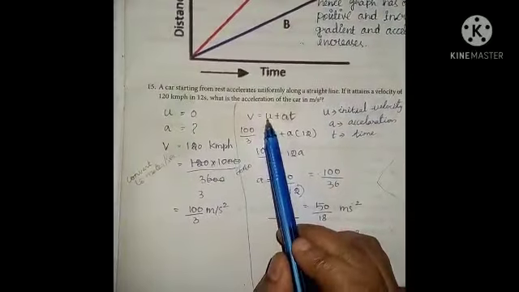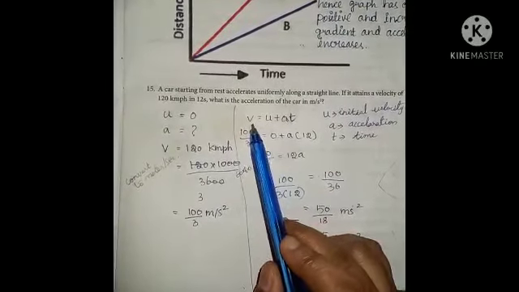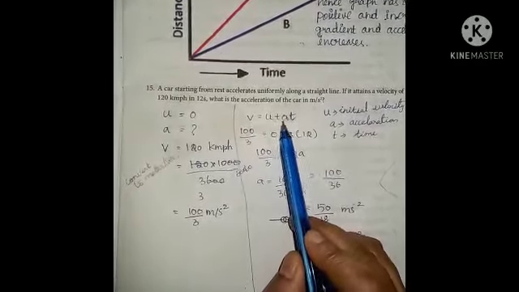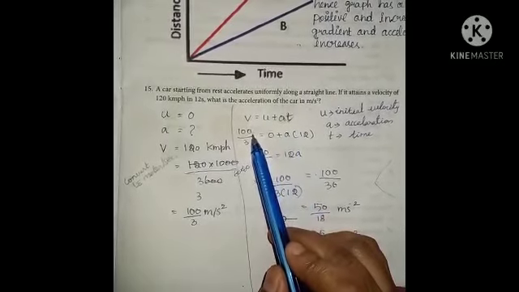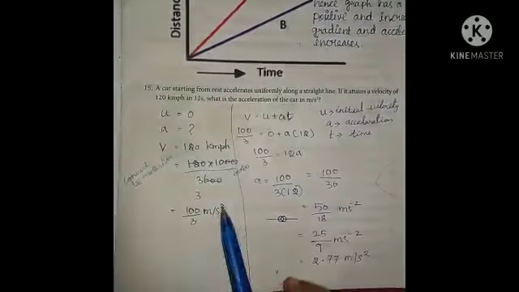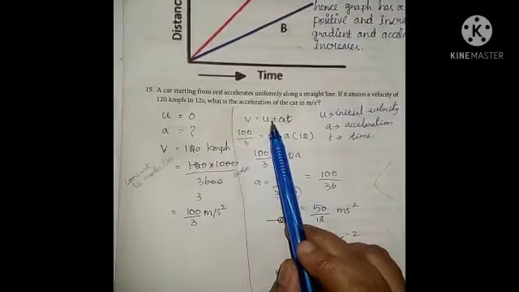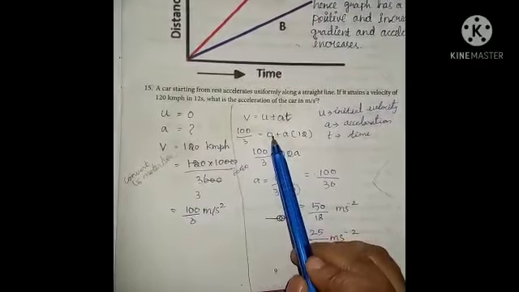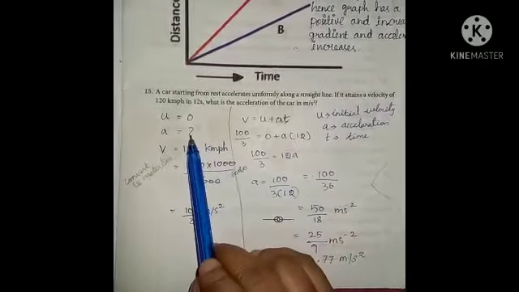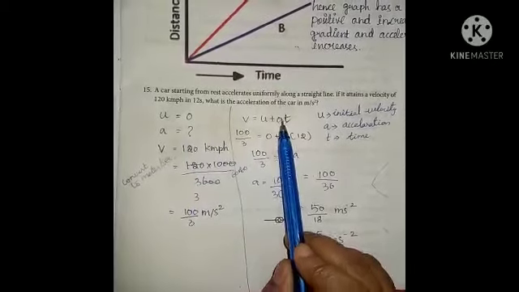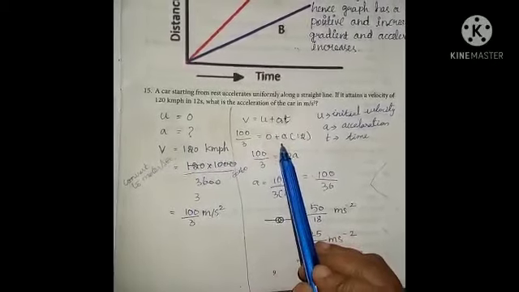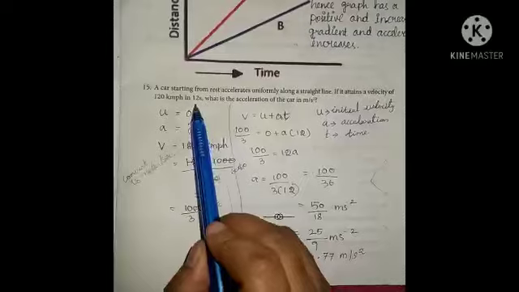The formula we have to calculate is acceleration. So for that the formula is V is equal to U plus AT. The value of V is 100 by 3 we have found here, and U is initial velocity. Initial velocity is 0. So acceleration only we are going to find out. So AT, A is acceleration and T is time. Time given is 12 seconds.